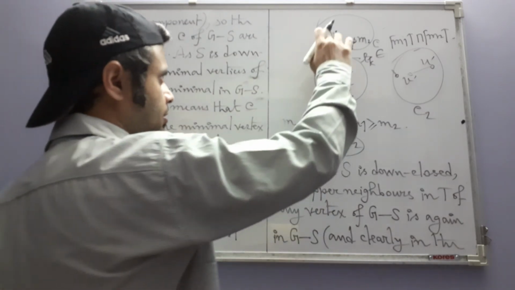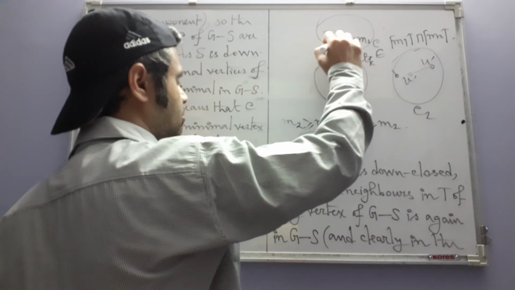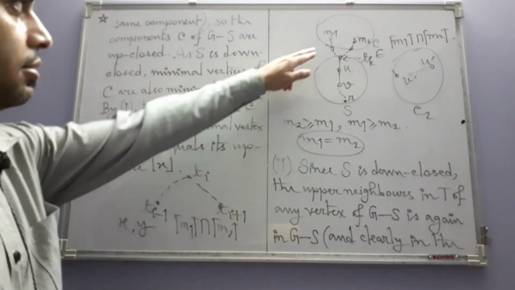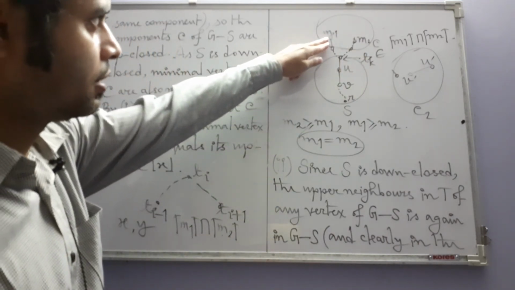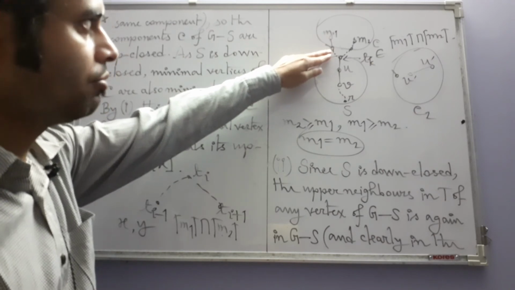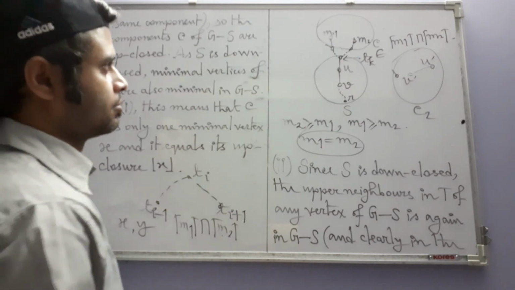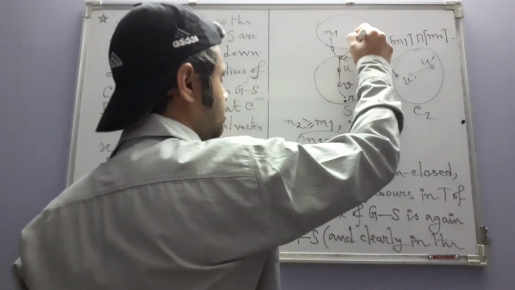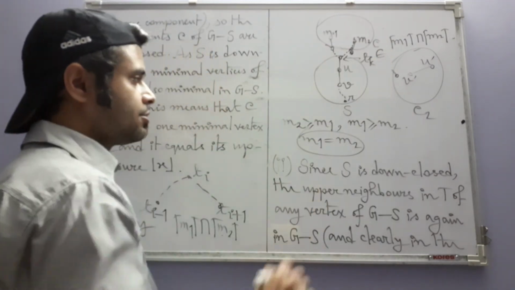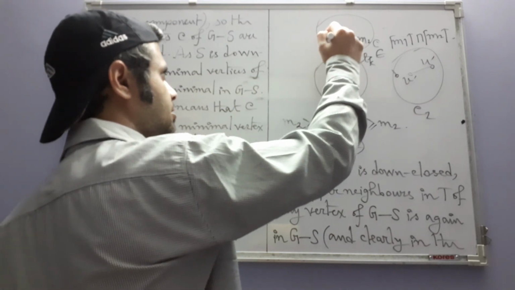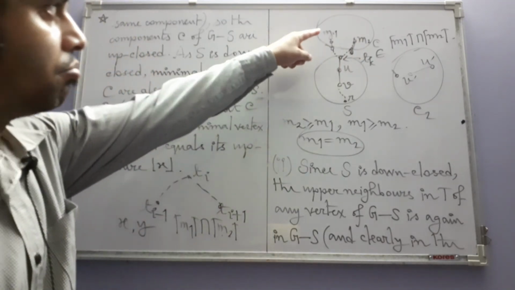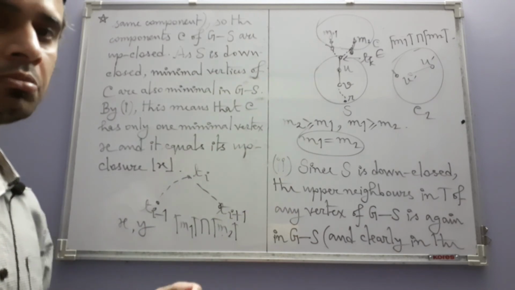Now it seems like we have drawn things like this so that the moment we come down from M1 we have left C, we are outside C. Is that the case? If that is not the case, if you continue to have vertices in C here below M1, then minimality of M1 is contradicted.